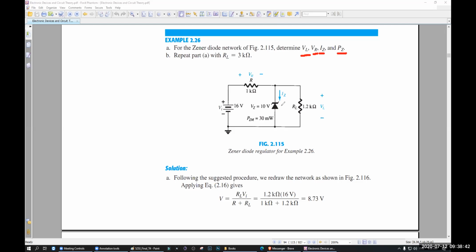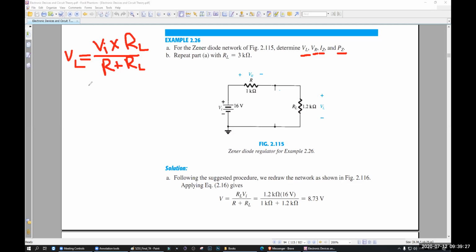At first, we have to remove the Zener diode from here and apply KVL on this side. So how to do that? Let's do it. VL is equal to VI into RL divided by R plus RL.